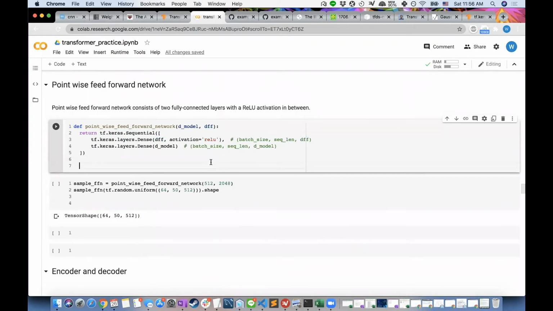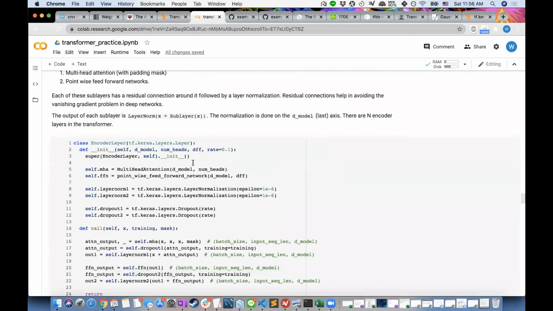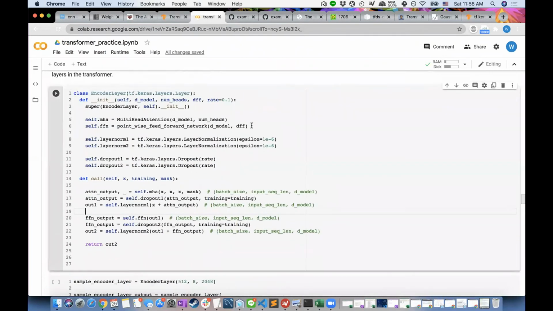Yeah, from 512 it goes to 2048 and then back to 512. Got it, so it's the number of hidden units. I wonder why they chose 2048. Okay, thank you, Gotham.